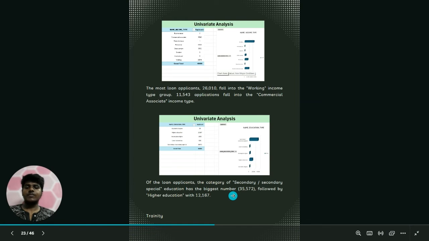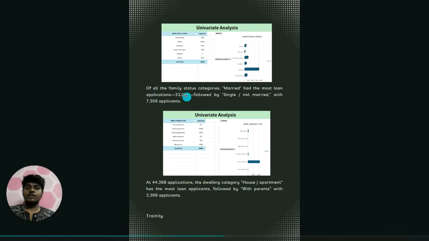When it comes to the education type category, secondary or secondary special education has the highest number of applicants, followed by the higher education category. When it comes to the family status category, married clients have the highest number of applicants, followed by the single or not married applicants.